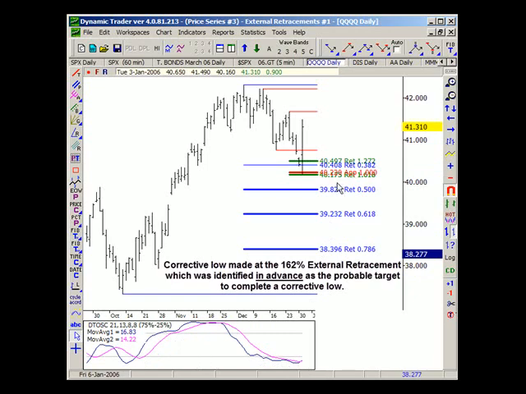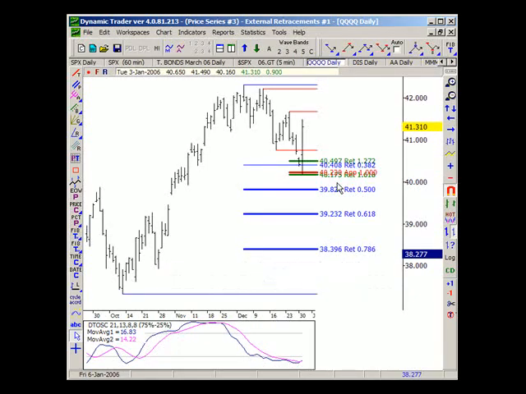So that's how we integrate some of our other price analysis and momentum studies to help us pinpoint which of the external retracements is likely to be the support, resistance, or trend reversal.